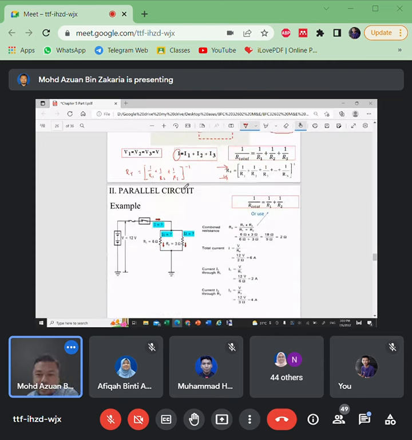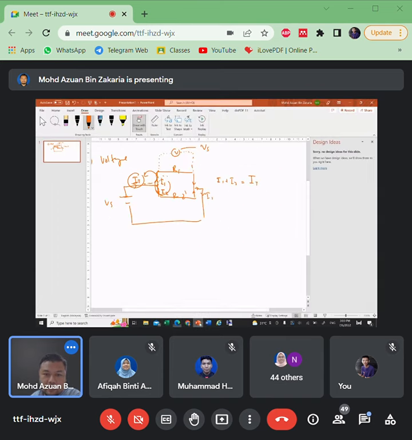But if there are only two resistances in parallel, you can also use this. Imagine R1 and R2.